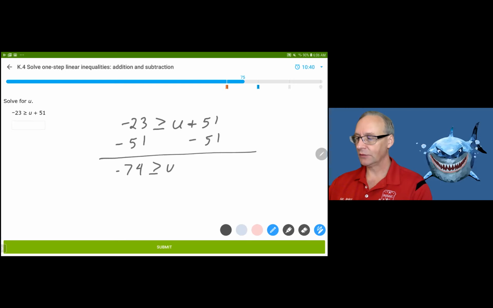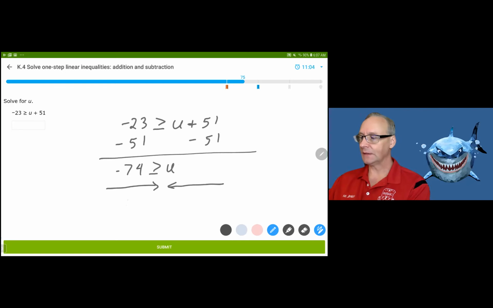Now, here's the problem. There are two ways to read this inequality. You can read it this direction, which says negative 74 is greater than or equal to u. But you can also read it the other direction, which says that u is less than or equal to negative 74. Now, you need to be able to read this both ways.